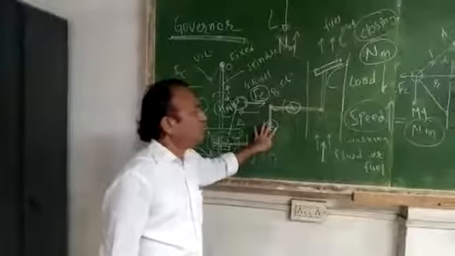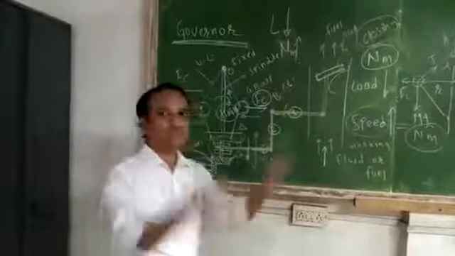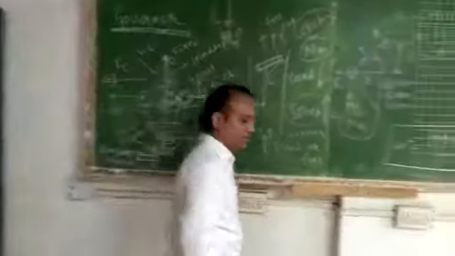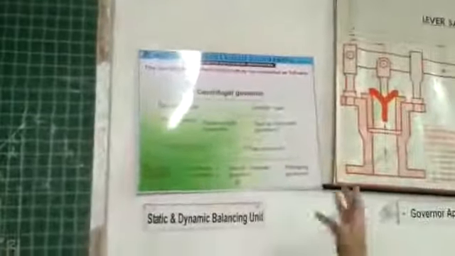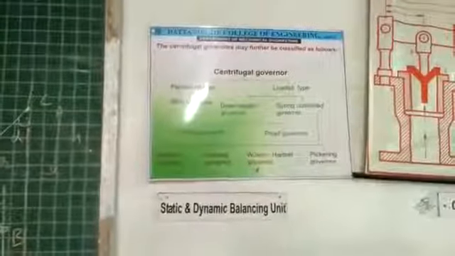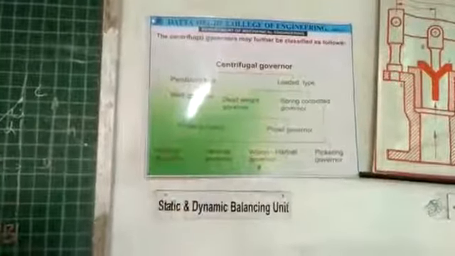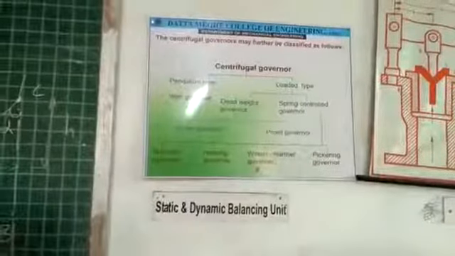So next we will discuss classification of mechanical governor. Students, this is the working of mechanical governor. Now, various different types of mechanical governor. Mechanical governors are classified into two categories: inertia governor and centrifugal governor.